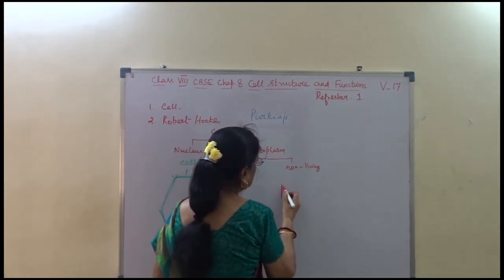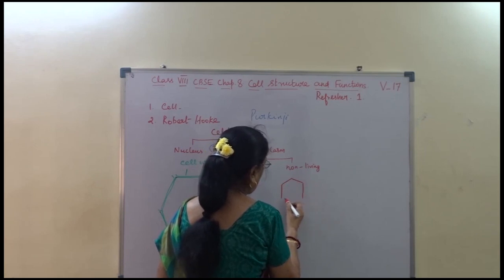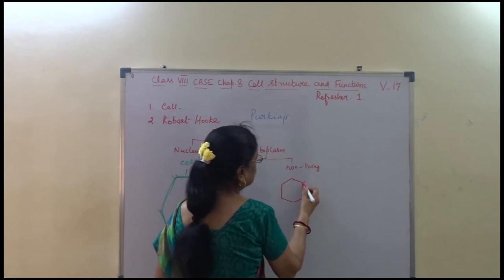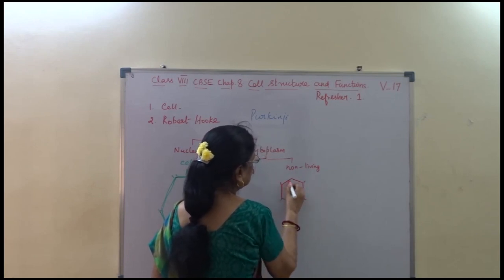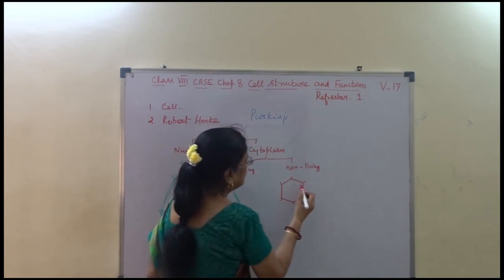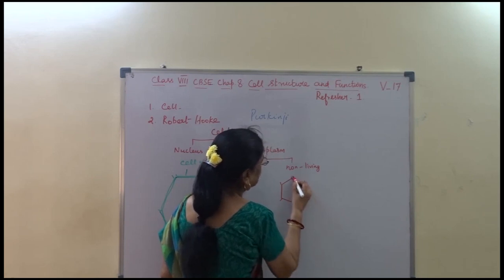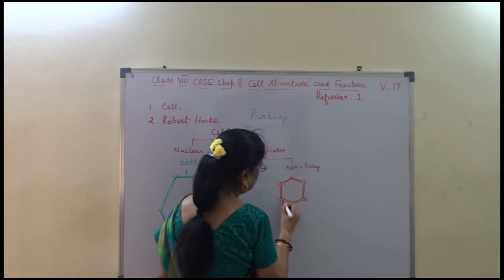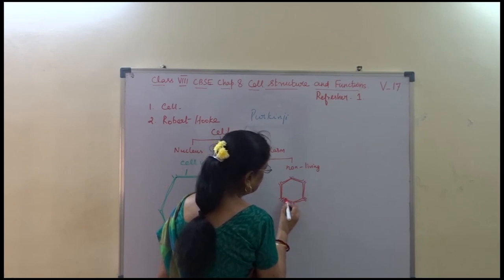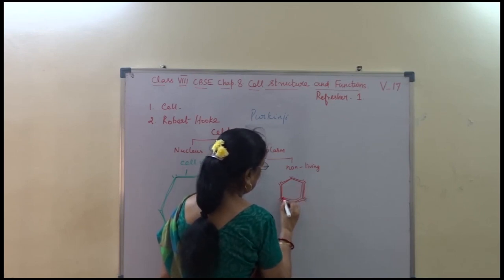Cell wall structure is like this: cell wall, and then this inner thing, like this, and then this is the inner cell wall.